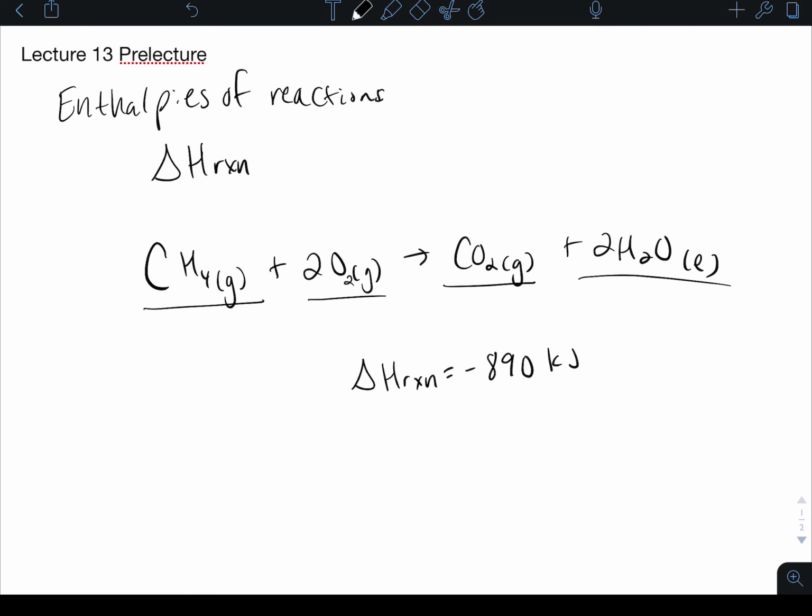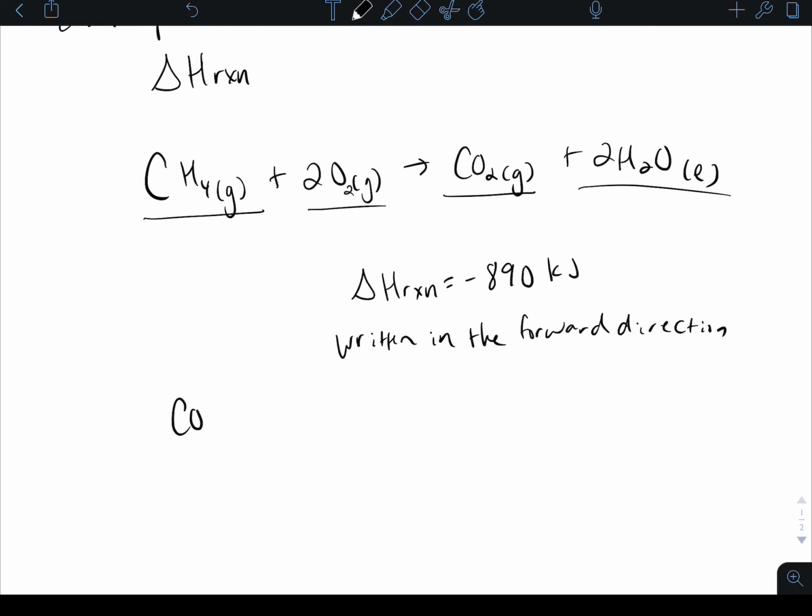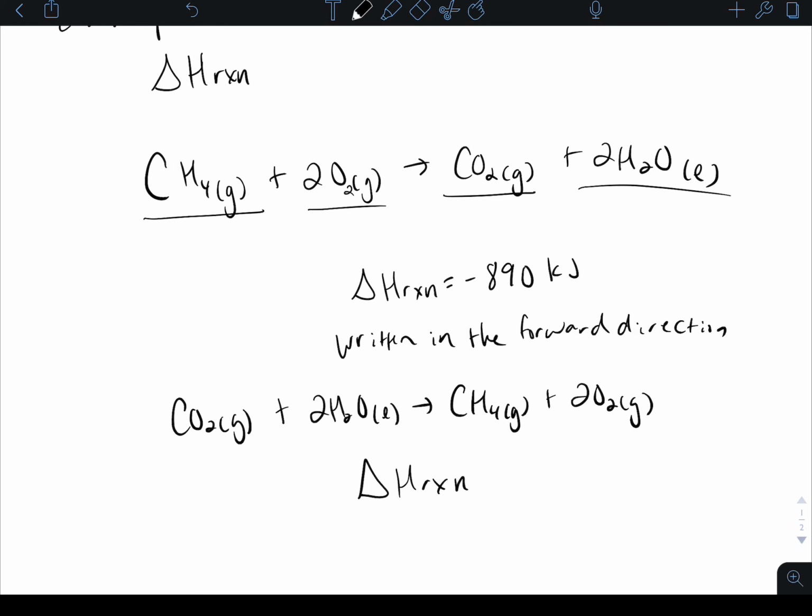Now, that is the reaction written in the forward direction. If we were to write it in the reverse direction, CO2 gas plus 2H2O liquid goes to CH4 gas plus 2O2 gas, this would have a delta H of reaction equal to positive 890 kilojoules per reaction.